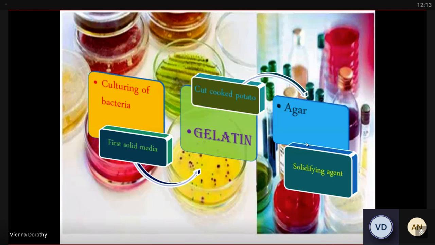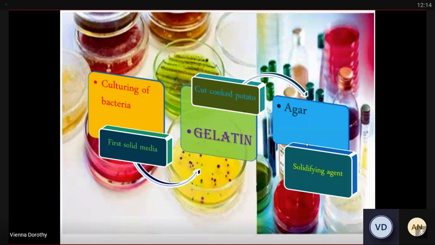When he was working in his lab, there was a cut cooked potato which he left aside, and he saw that there was some growth on it. When he observed, he could find organisms, and looking at the cut cooked potato, he could differentiate that there are different kinds of organisms, but that could not happen using a liquid media.